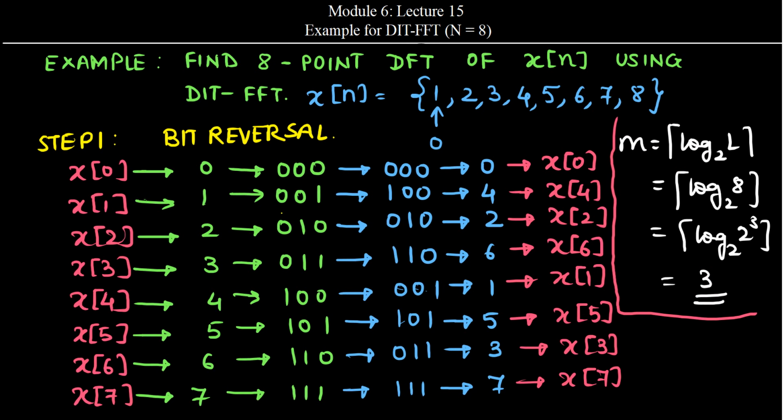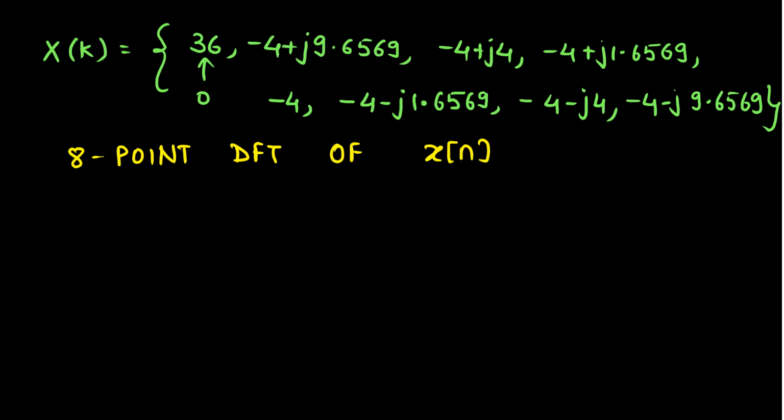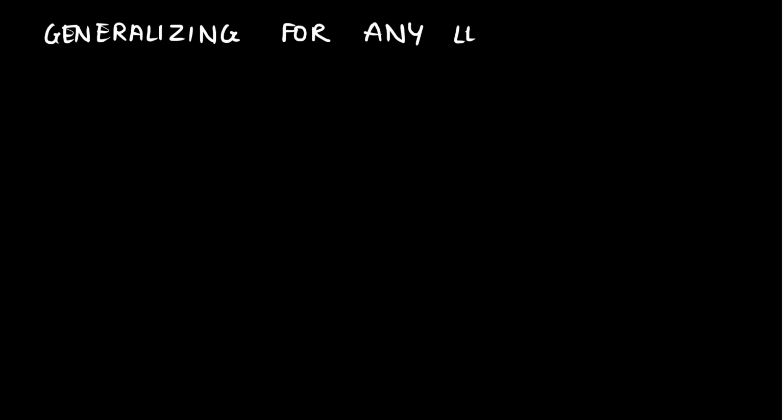So from this formula, let us try to generalize the things, generalizing for any length signal. So for that what we will consider is, let L be the length of the signal.